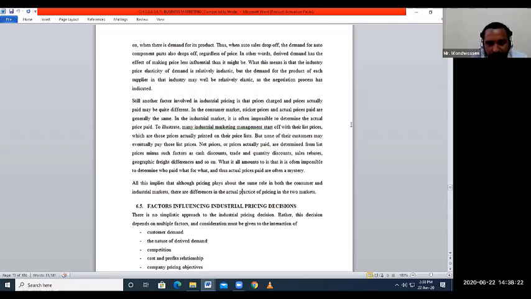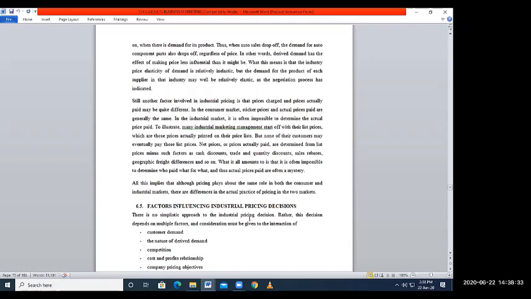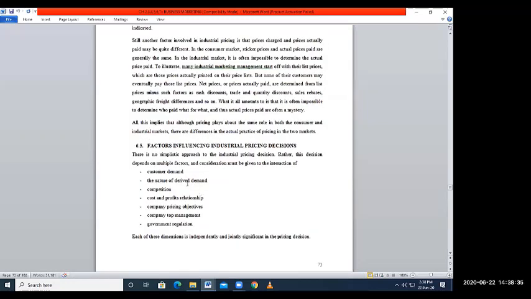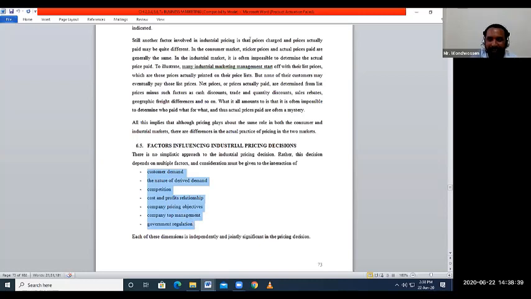And the cost and the profit relationship, we have to consider. So these are some of the factors we have to consider when we set industrial product price: customer demand.